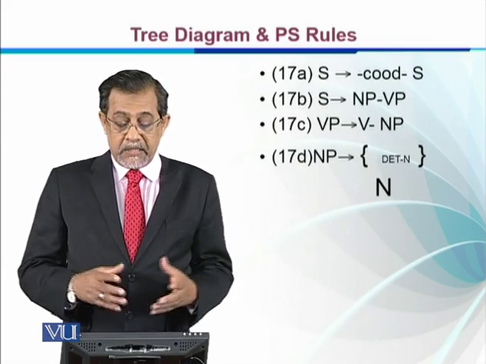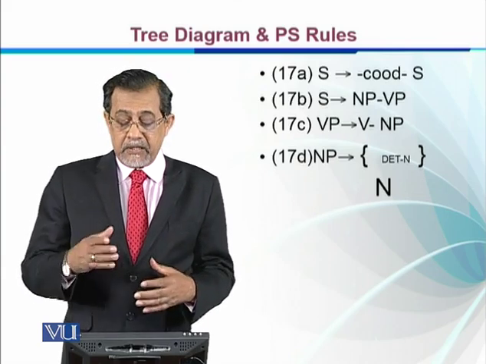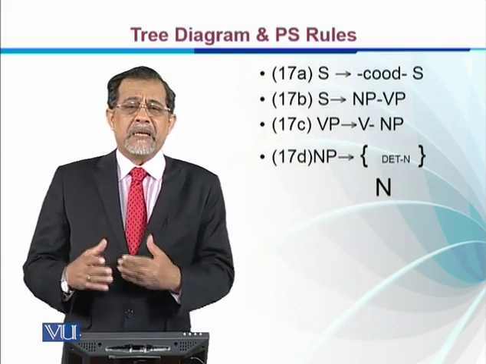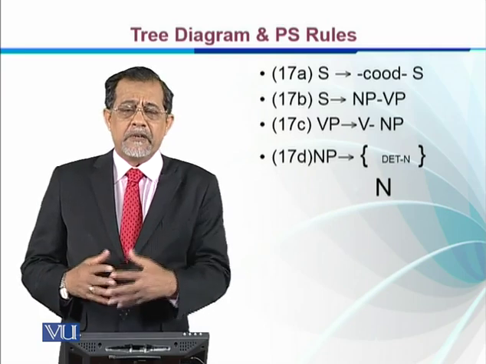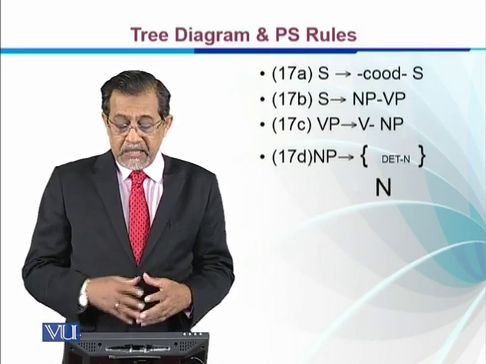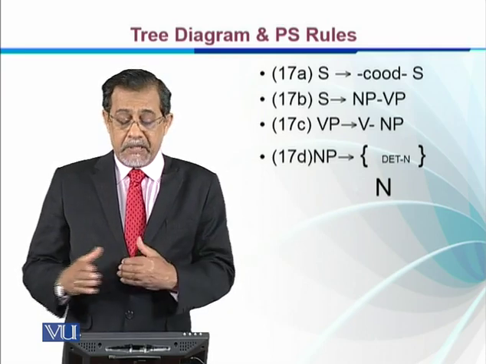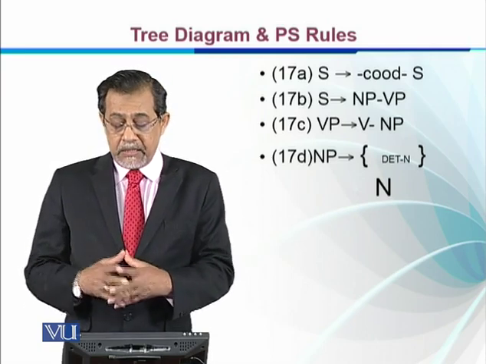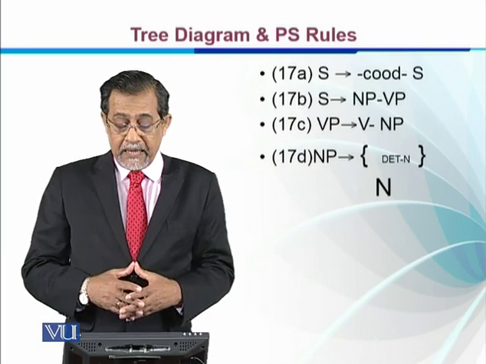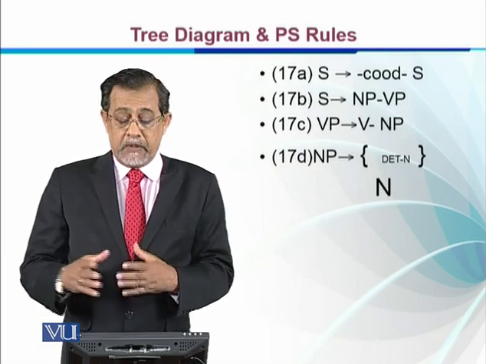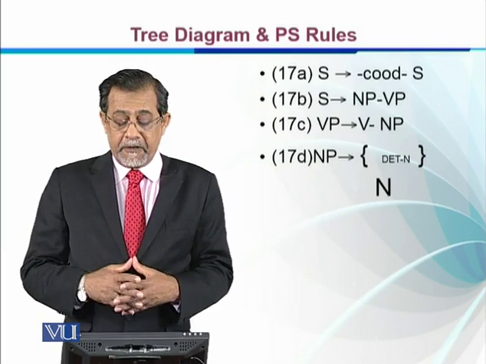If you look at this 17a, this arrow shows that something is expanded or written as something else. We can say that S is expanded as a coordinator and sentence. S consists of, or is written as, a noun phrase and a verb phrase.